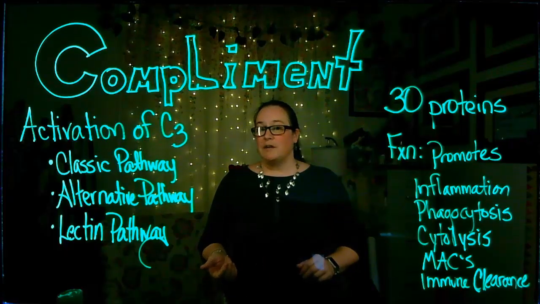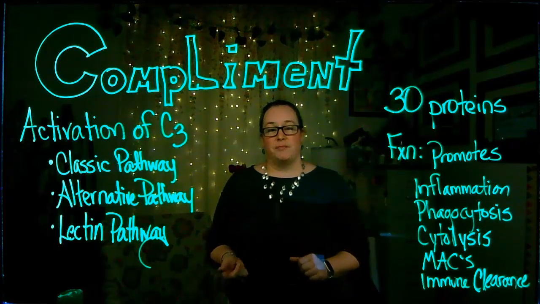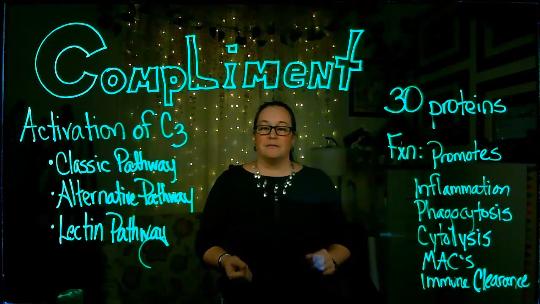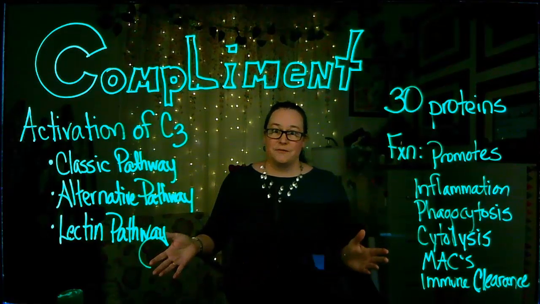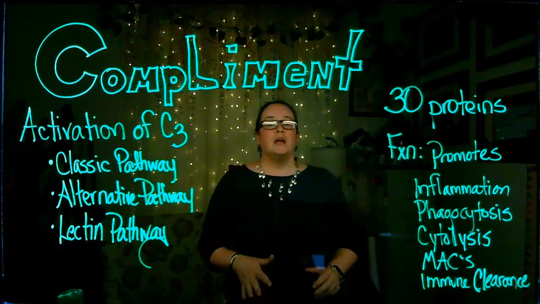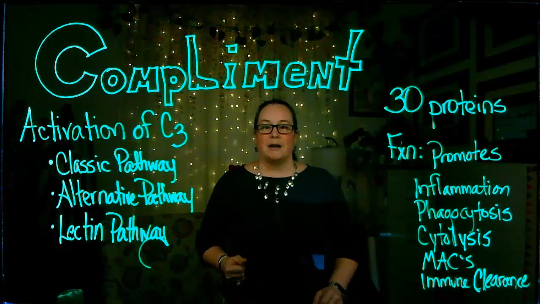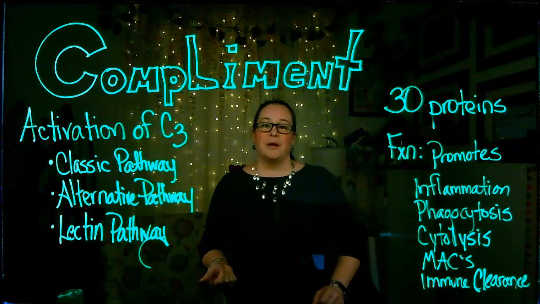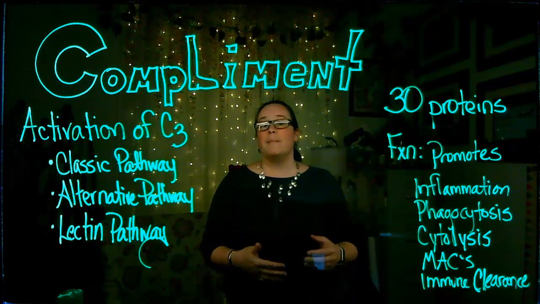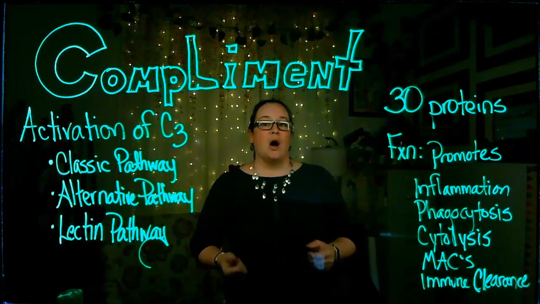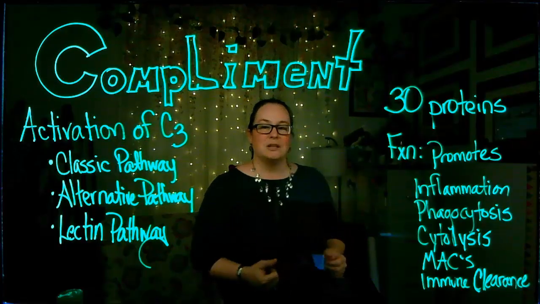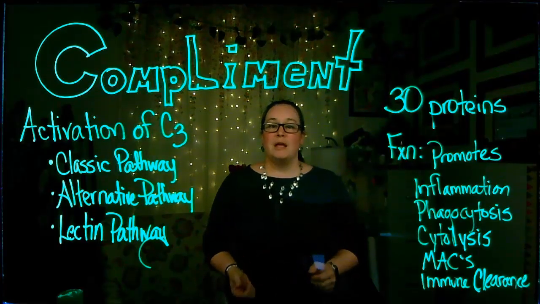The next one we're going to visit about is known as the alternative pathway. It was discovered that while complement assists the third line of defense, the third line of defense doesn't have to be activated in order for complement to become activated. So the next pathway is known as the alternative pathway. This is a separate mechanism that is going to activate this complement 3 molecule to begin to do the functions that we mentioned earlier.